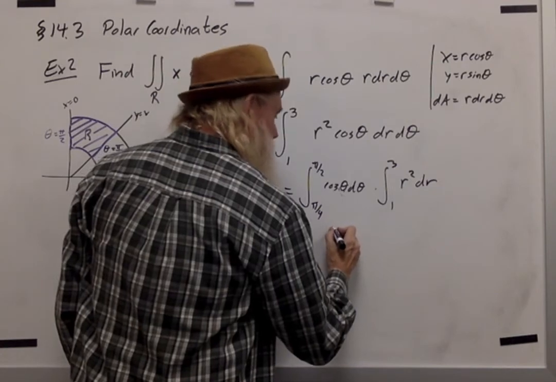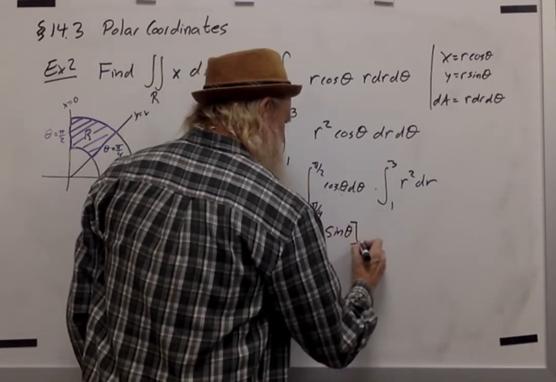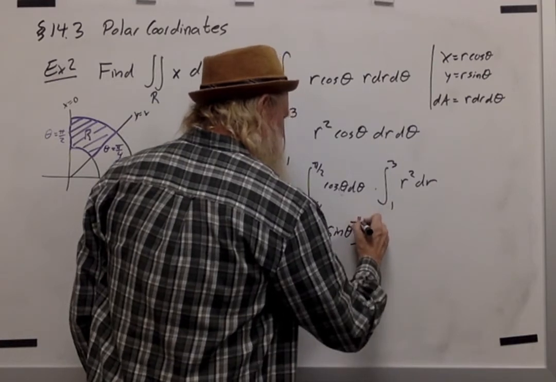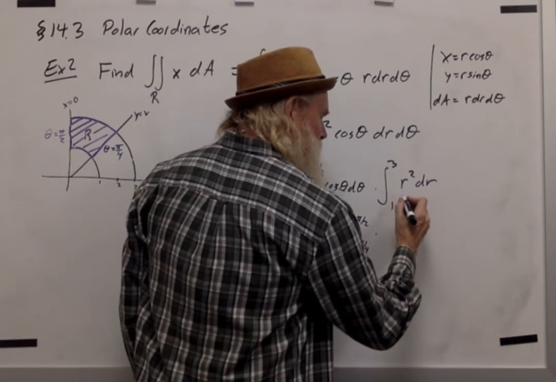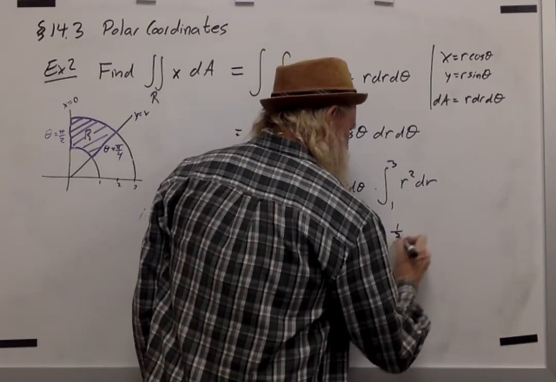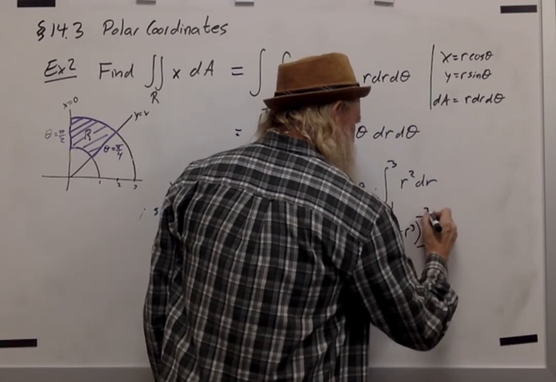Integrating here, the integral of cosine theta is sine theta. That'll be taken from pi over 4 to pi over 2. The antiderivative of r squared is 1/3 r cubed. That'll be taken from 1 to 3.